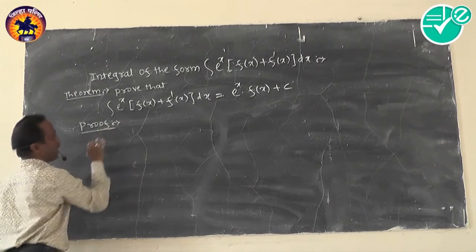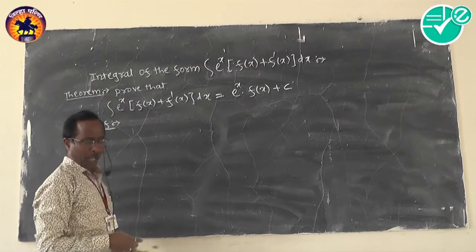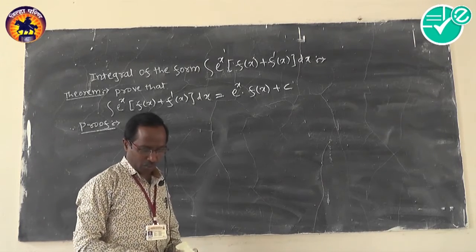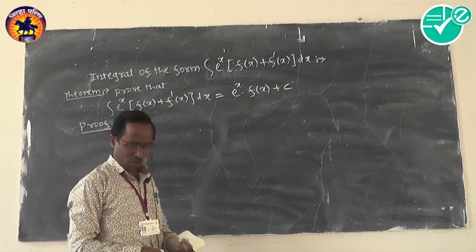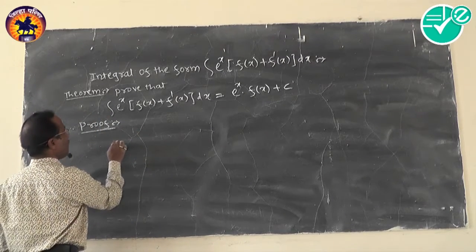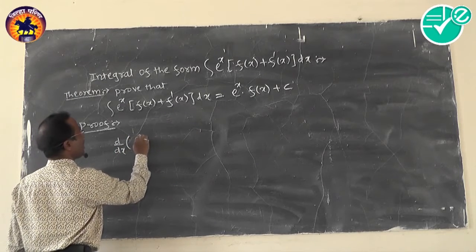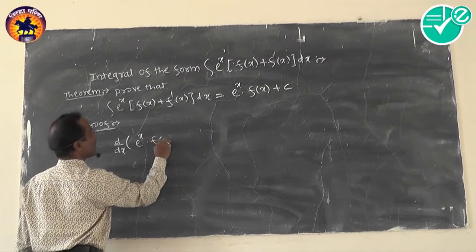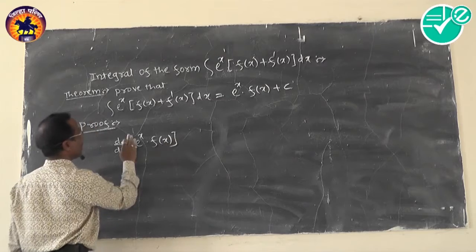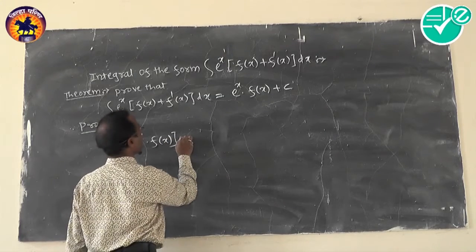So we want to prove this. Now we take d by dx of e to the power x into f of x. So what is the derivative of this function?